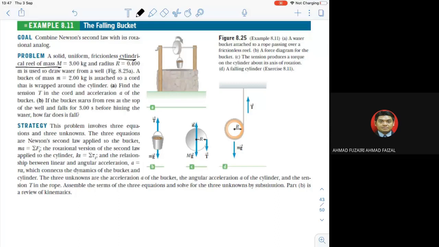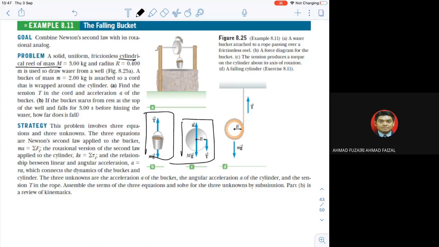A bucket of mass m equals 2 kilogram is attached to a cord that is wrapped around the cylinder. Find the tension T in the cord and the acceleration a of the bucket.